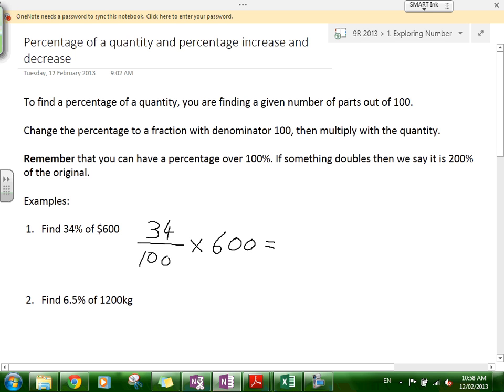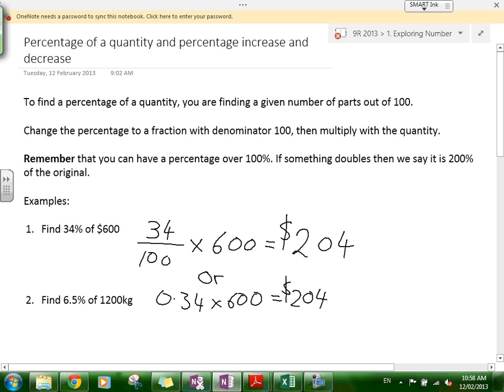And then that equals, so we'll find that quantity. $204. Yes, Emma. You could do that, or you can do 0.34 times 600. That's also perfectly fine. Okay, $204.